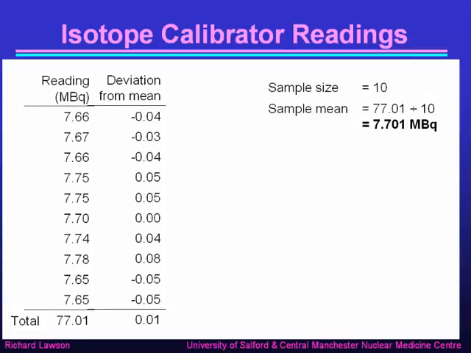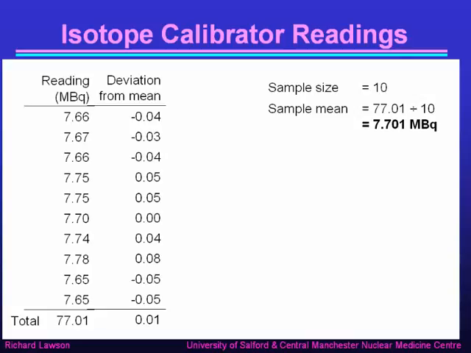To calculate the standard deviation, we have to work out the deviation from the mean of each of those readings. So since the mean was 7.70 megabecquerels, we find that our 7.66 is 0.04 below the mean, 7.67 is 0.03 below the mean, and so on.